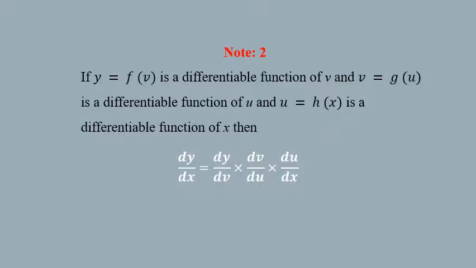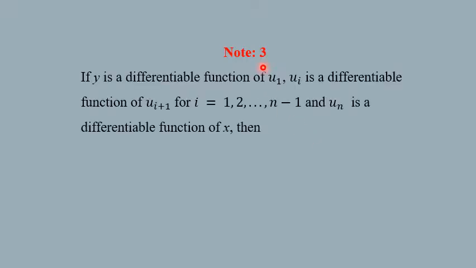Similarly, in note number 3, if y is a differentiable function of u1 and u i is a differentiable function of u i plus 1 for i equal to 1 to n minus 1, and un is a differentiable function of x, that is, y is a differentiable function of u1, u1 is a differentiable function of u2, u2 of u3, similarly un minus 1 is a differentiable function of un, and un is a differentiable function of x.